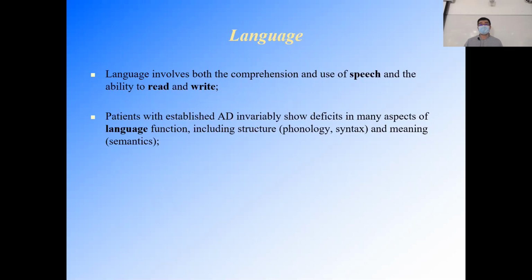For example, if you are asked to generate a sentence, that involves the syntax and the words, and then when you speak out, it has to be grammatically correct and so on. So in those Alzheimer's disease patients, they will show different deficits in the aspect of language, including the structure and the meaning, okay?